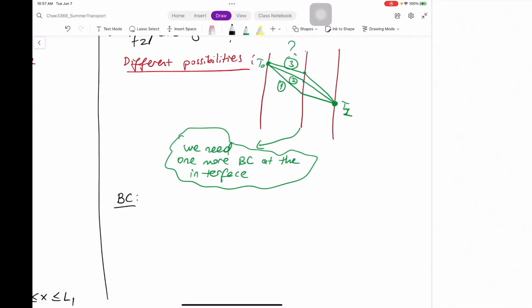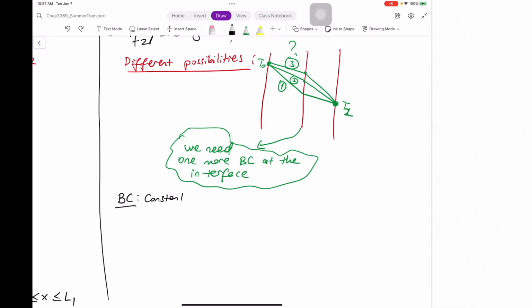It's called constant flux, or let's call it equality of fluxes at the interface.